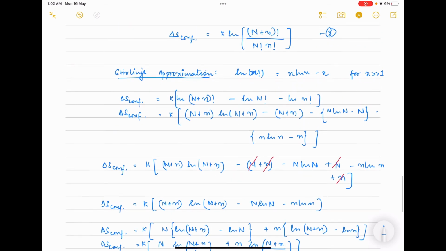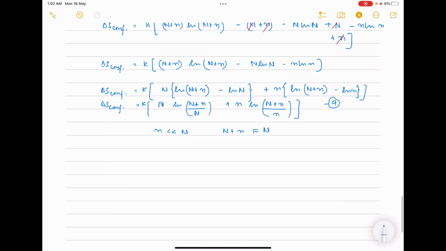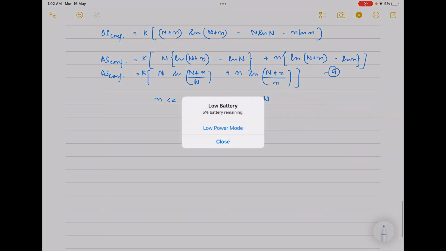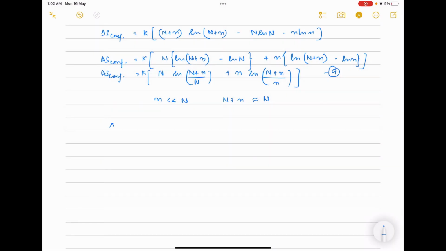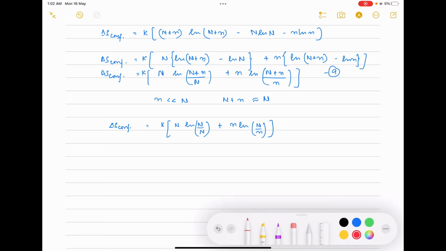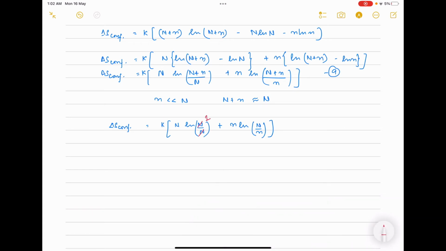Now using this in equation 9, we get delta S configurational is equal to k times capital N ln N by N plus small n ln N by n. Okay, so this becomes ln of 1, which is 0, so this whole term becomes 0.